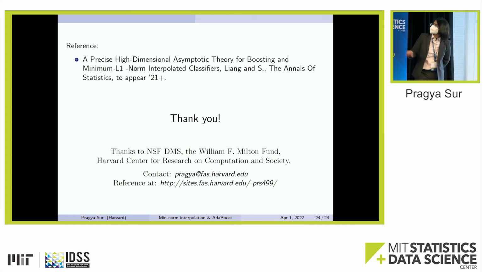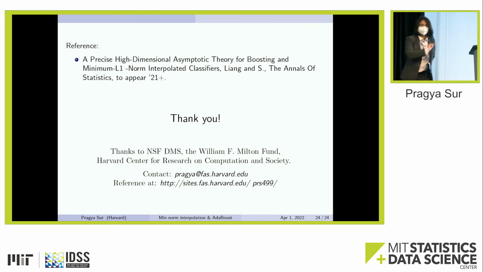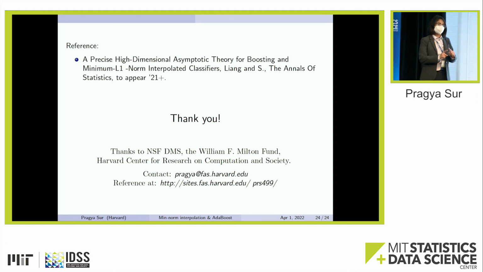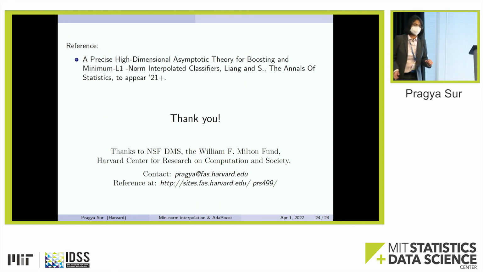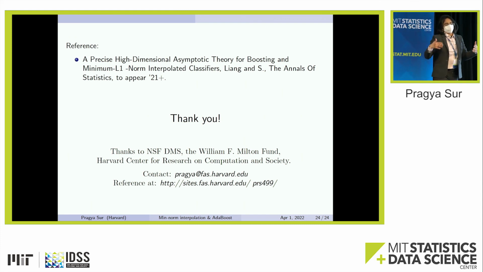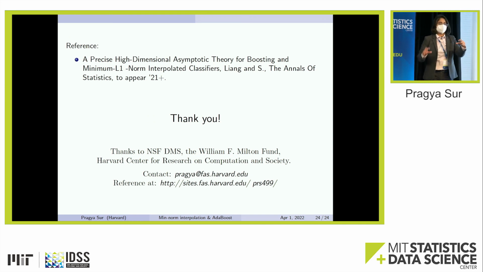Yeah. So I'll not go into my backup slides right now because I don't know exactly where that particular slide is. But it's a very interesting question, and as a statistician, I really wondered about this when I was getting into this literature. It turns out that there are ways to rewrite the original AdaBoost algorithm so that you're able to see a particular step where you're taking a min norm kind of thing.